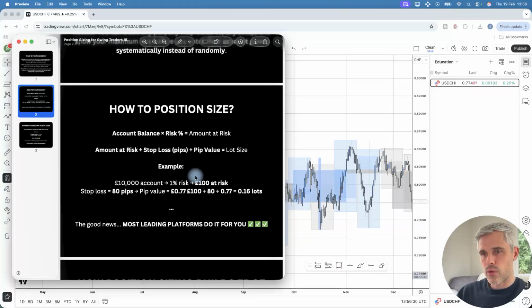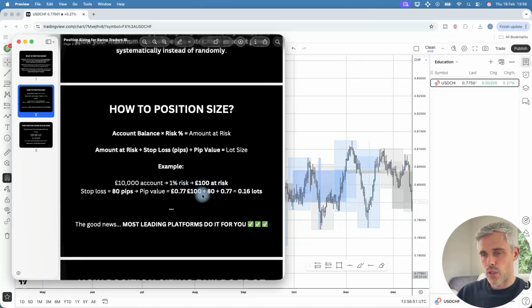Once you know that, you can just do this. Understand your amount at risk, so in this case, £100 or $100, the stop loss in pips, and the pip value, which is something that you can get from your trading platform when you place your trade. So in this case, say the stop loss is 80 pips and the value per pip is 77p.